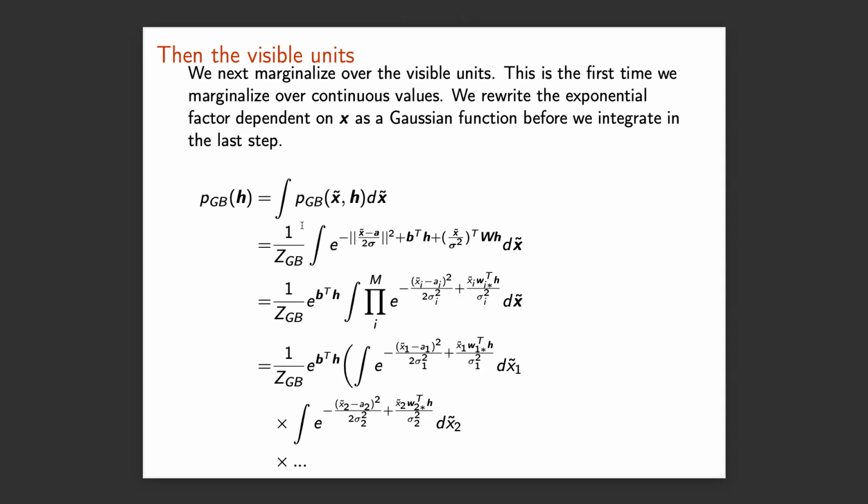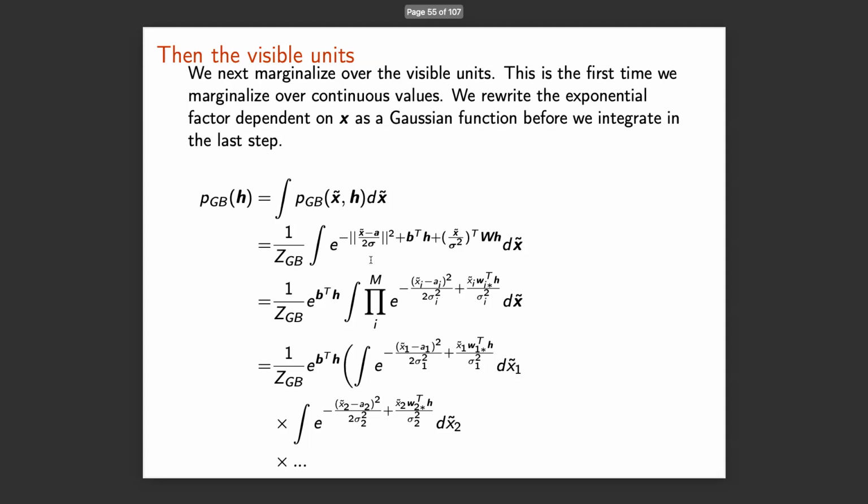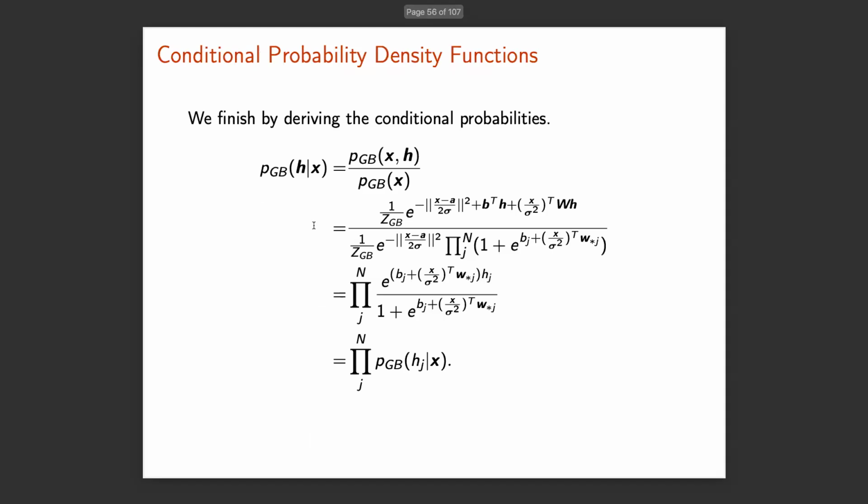So in principle, we are integrating in this case. For this case, h is a discrete variable and it takes values 0 and 1. Whereas if you want the probability of h, then you have to integrate because x is a continuous variable in this case. So if you do that, you can also calculate the conditional probability for finding h given x.